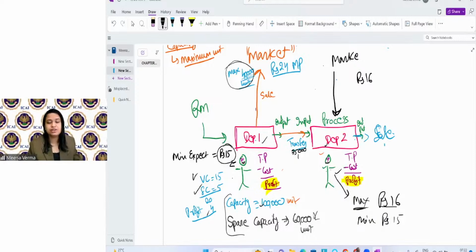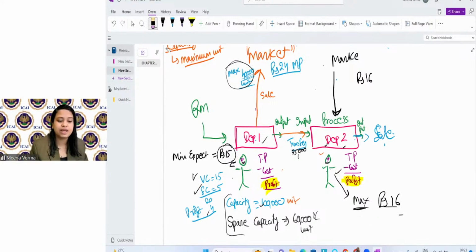This manager of department 2 will never agree to pay more than 16 because if the manager of department 1 says no, he will buy it from the outside market at rupees 16. So the maximum price this manager will pay is rupees 16.